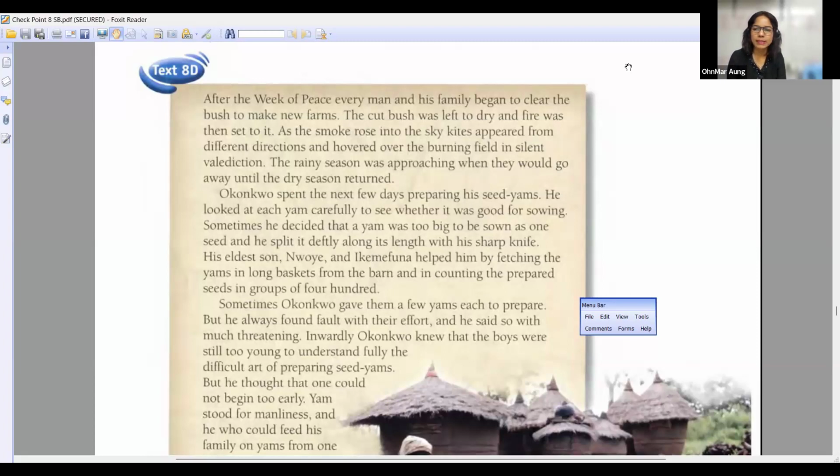How about number 6? Yams need several months of hard work. I think true. Why? It needs to be weeded three times at definite periods in the life of the yams, neither early nor late.